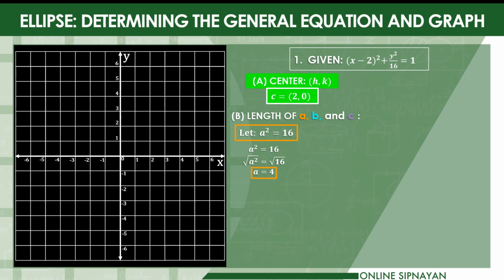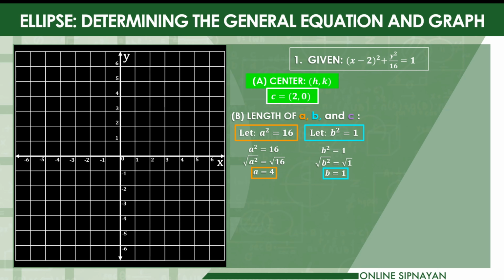From the given, the value of b squared is equal to 1. So we let b squared is equal to 1, since it is not necessary to put 1 over quantity x minus 2 squared. In order to get the length of b, just get the square root of 1 and have the length of b, which is 1 unit.